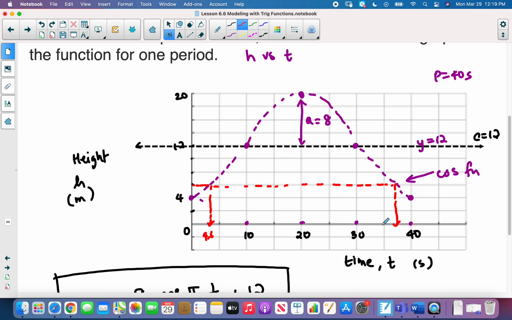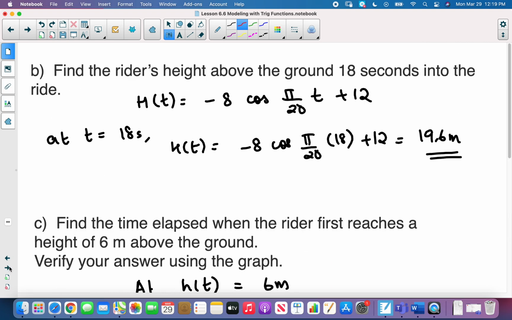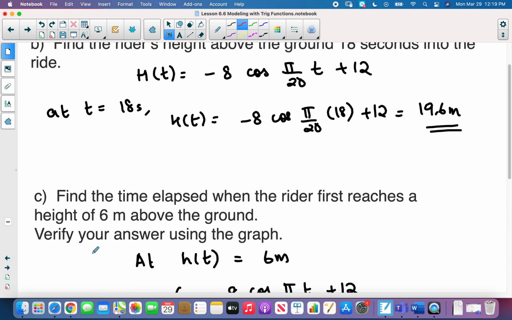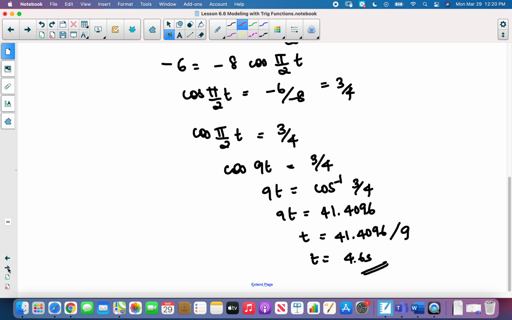This distance here will be another 4.6. So if you did 40 minus 4.6, this would work out to 35.3 seconds. So it happens at 4.6 first, and then it happens at 35 points.